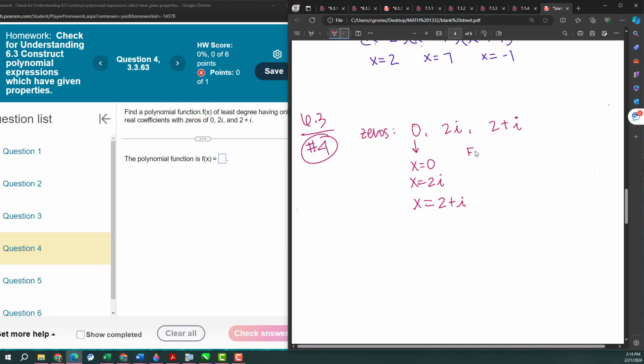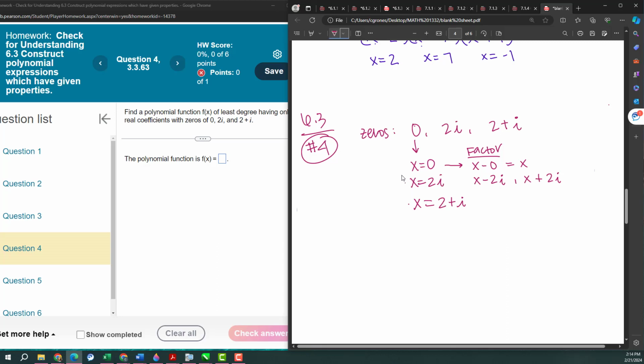So the factor would be x minus 0, which is just equal to x, and then x minus 2i, and also x plus 2i, because remember we have that rule that the conjugate is also a 0. It's also a factor.